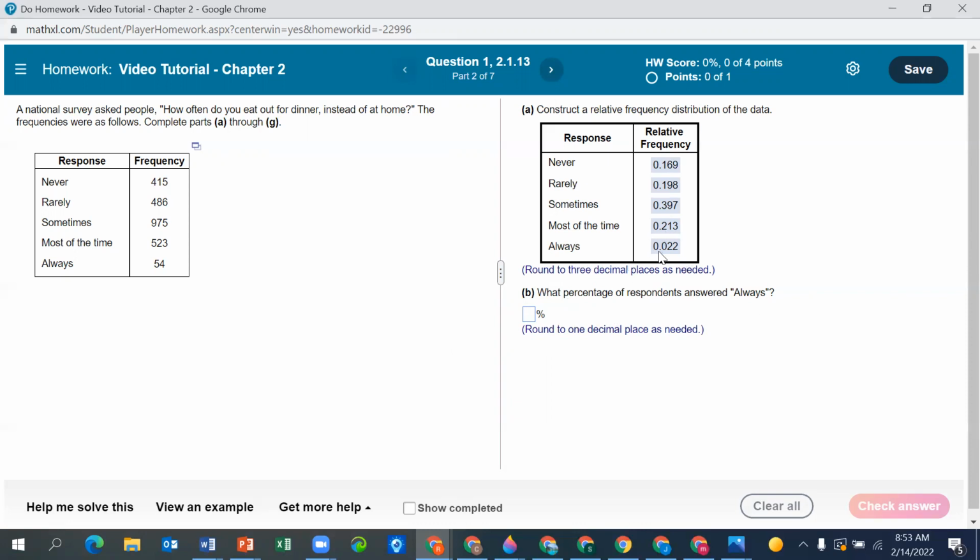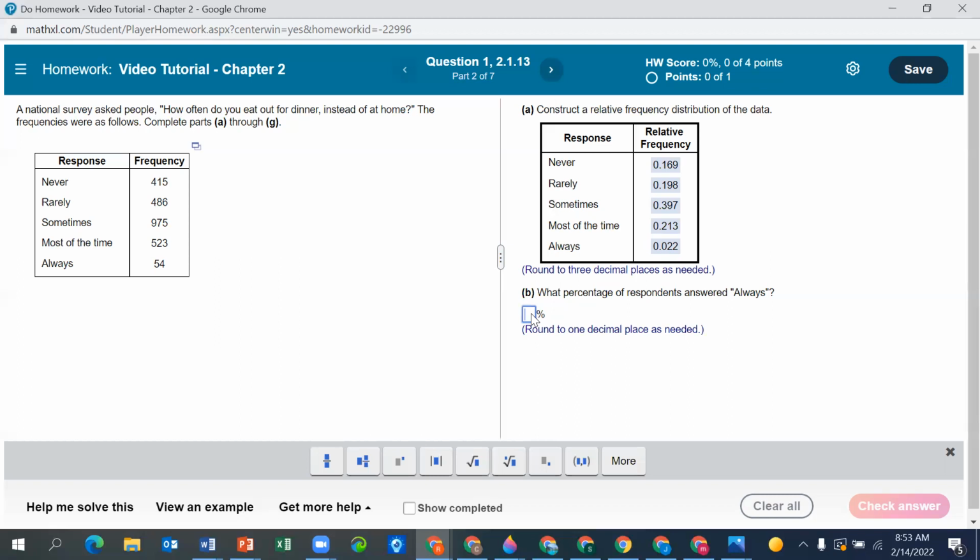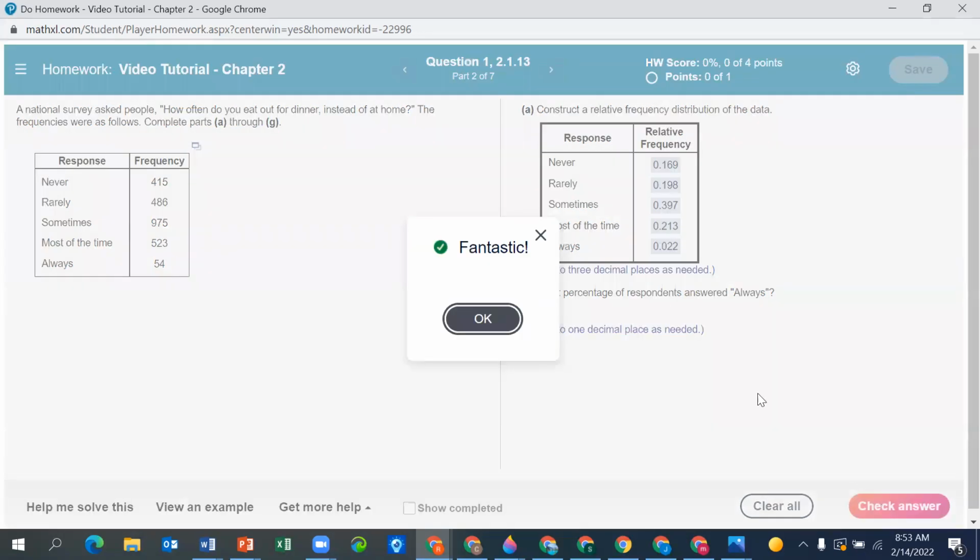So move the decimal to the right two digits, 1, 2. That gives me 2.2%. So 2.2% of the respondents answered always about eating out for dinner. So let's check the answer. Okay, there it is.